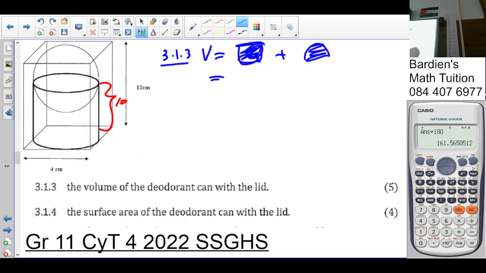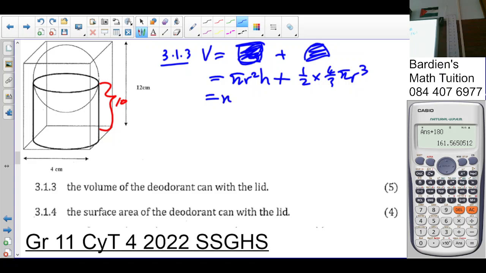How do you calculate the volume of the cylinder? Area of base times height, so it's pi r squared h plus, what is the volume of the hemisphere? Half times 4 over 3 pi r cubed. Okay, why half? Because that's a hemisphere.